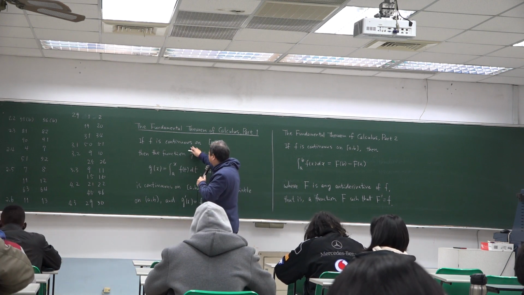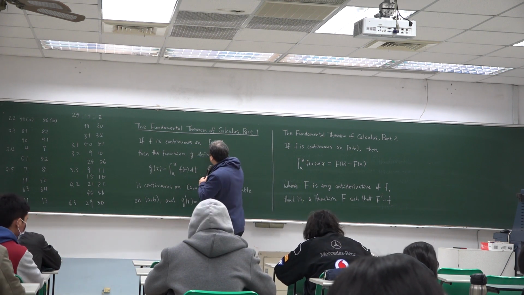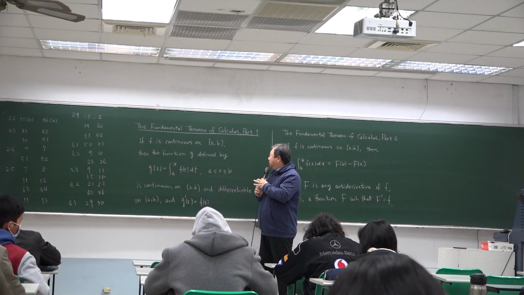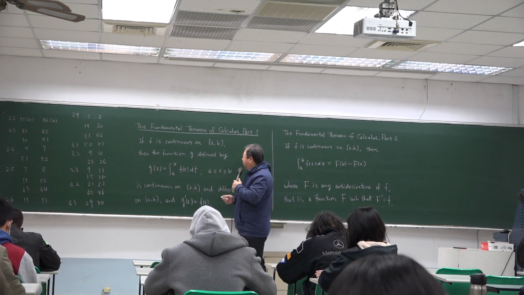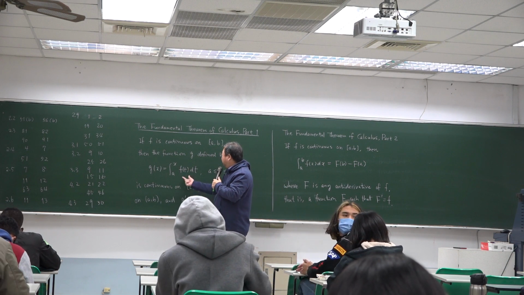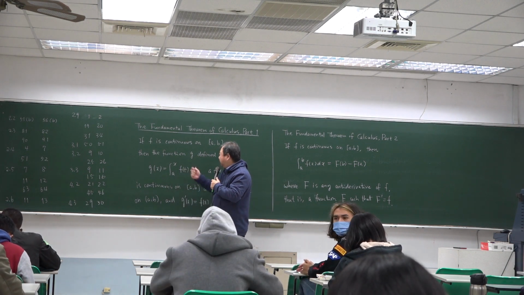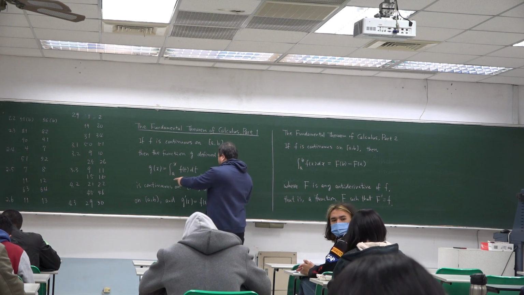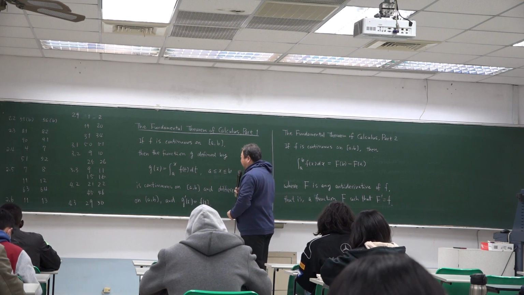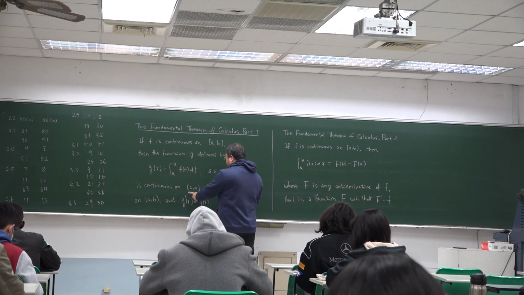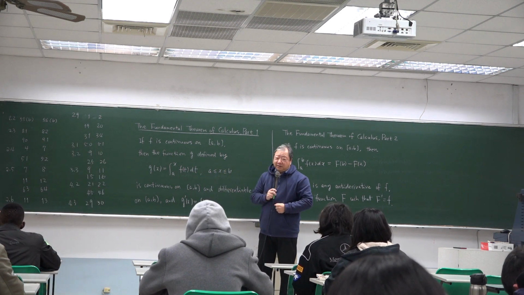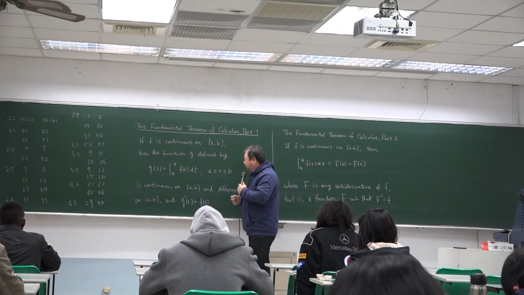If f is a function which is continuous on the bounded closed interval [a, b], and we define a function g to be the definite integral of the function f from a to x, where x is between a and b, then this function is differentiable on this interval, if at the endpoints we consider one-sided derivatives.